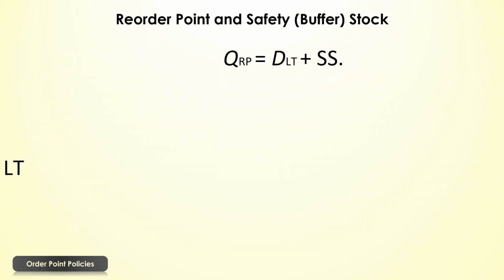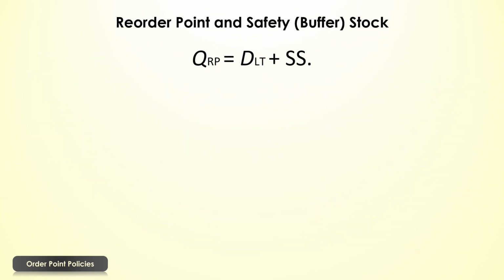Now, how do we know the reorder point and its safety buffer stock? It is given by the equation QRP equals D of lead time plus SS. The stock level of the reorder point, or the QRP, is equal to the expected average demand during the lead time period, that is the DLT, plus the safety stock quantity.